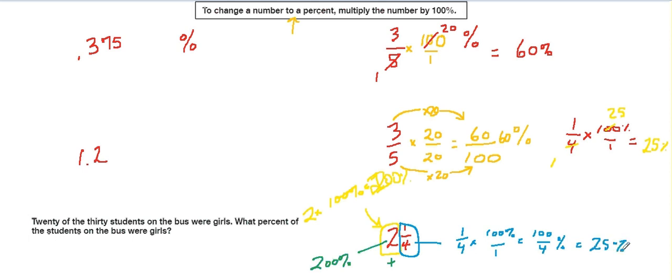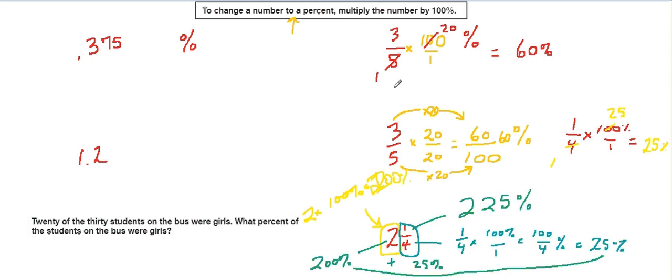We're almost done. What are these two put together? 225%.